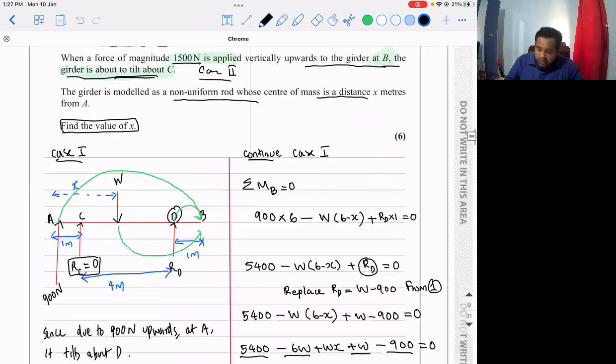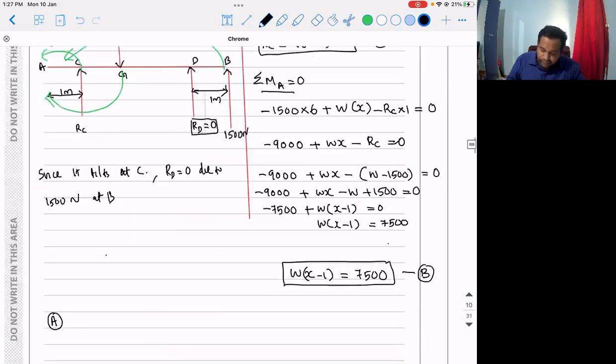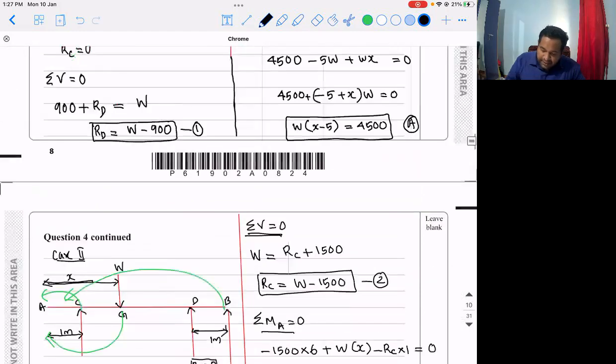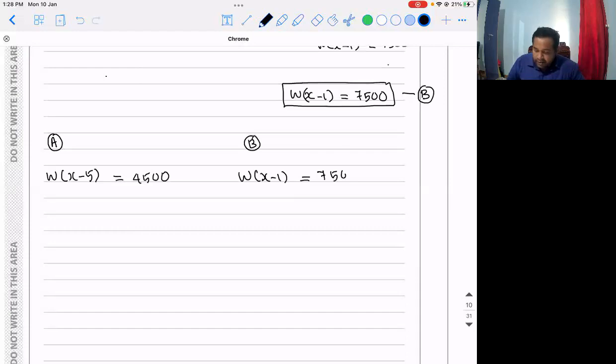So here we are in a position to find the value of x. So we developed two simultaneous equations. What is the first equation? From this equation A, W times x minus 5 is 4,500. Equation B, W times x minus 1 is 7,500.